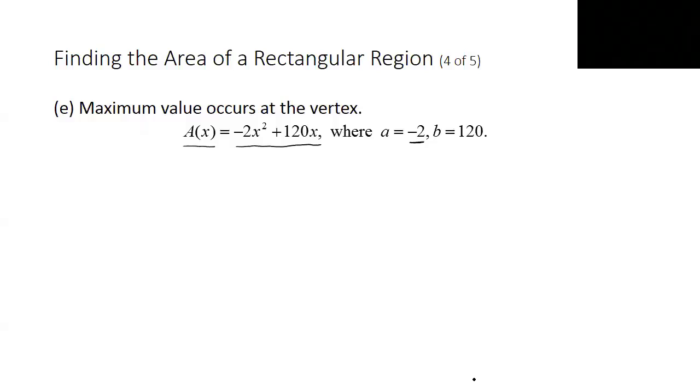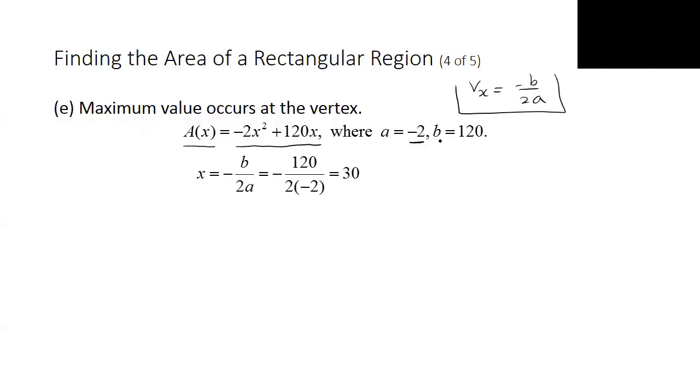Remember, when you find the maximum area for a parabola, it's really locating the vertex, right? If I find the vertex, that would be my maximum area. And we have a shortcut for finding a vertex. V of x, the position of the vertex, is equal to minus b over 2a. Make sure everybody remembers this.